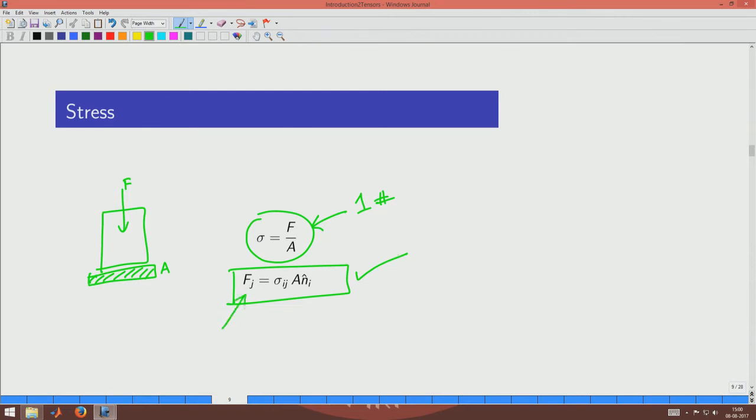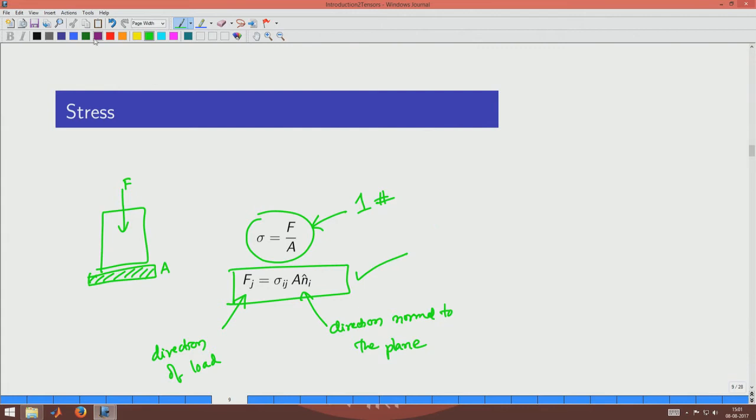One is the direction of load and another is the direction which is normal to the plane. Okay. So, we have three combinations of both these directions that are possible. So, there are totally 9 elements that you can have in a stress.